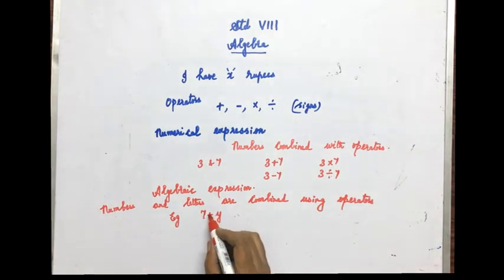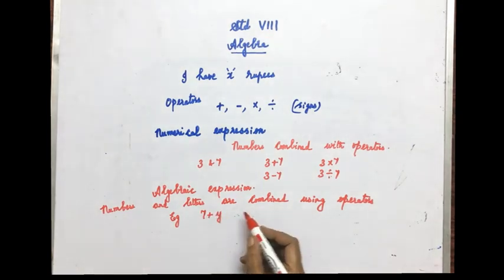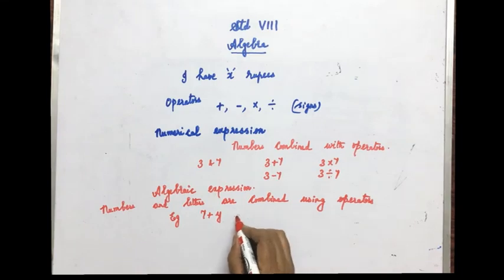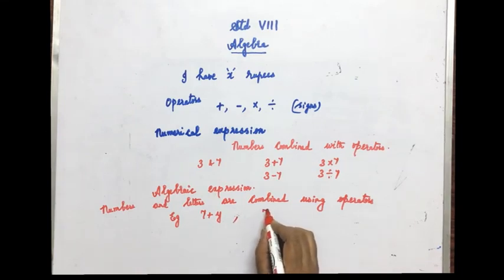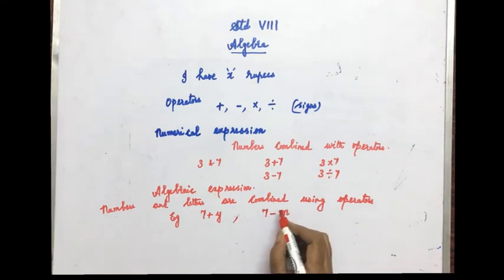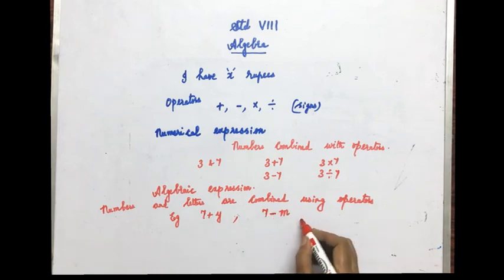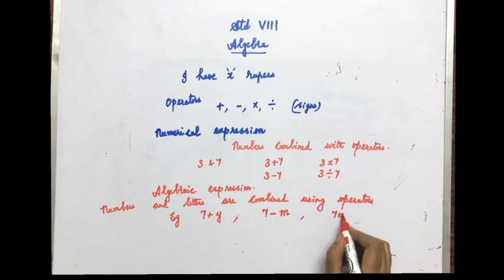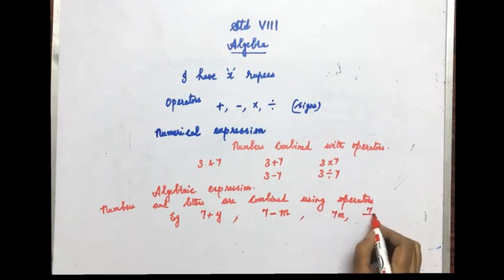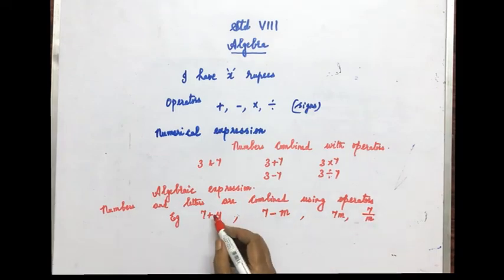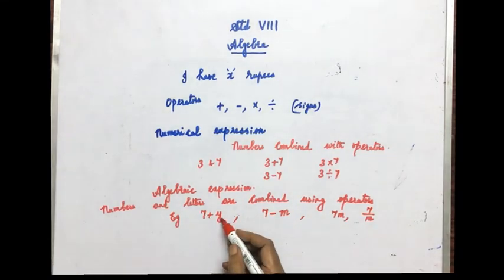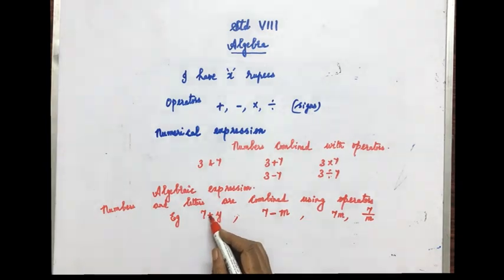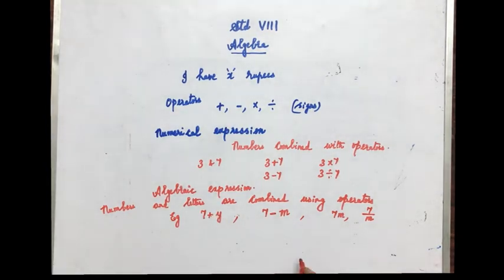Here we have combined using plus. So this is an algebraic expression. If we use the minus sign, 7 minus m. So 7 is the constant, m is a variable. We have combined using the minus sign. If we use the multiplication sign, 7m. And if we use the division sign, 7 by m. So here numbers and letters, that is constant and variable, are combined using the operators. So we get an algebraic expression.